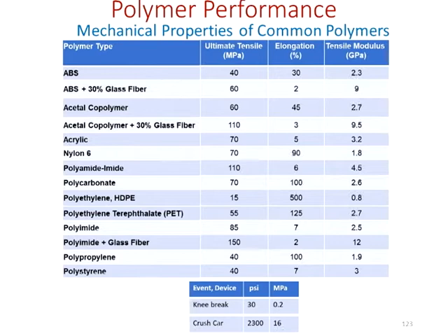Now, if we take a look and compare again that ABS polymer, notice in the unfilled system, which means just ABS with no glass fibers, we get a 30% elongation. But when we add the fibers, the elongation goes down. We note also that we see the same trend in terms of acetyl polymer.